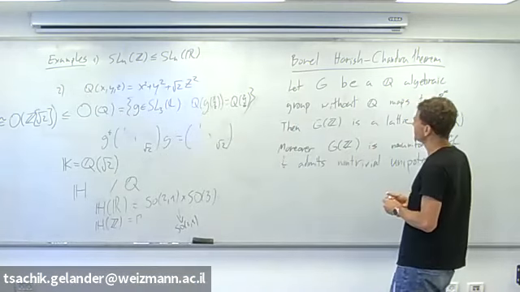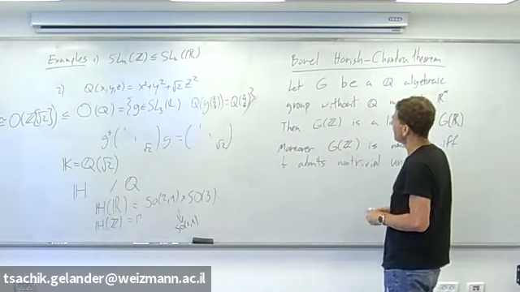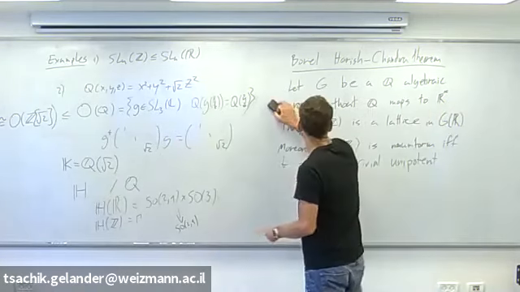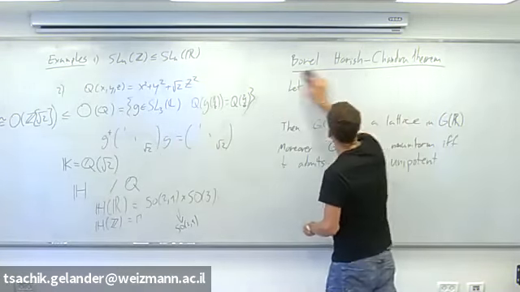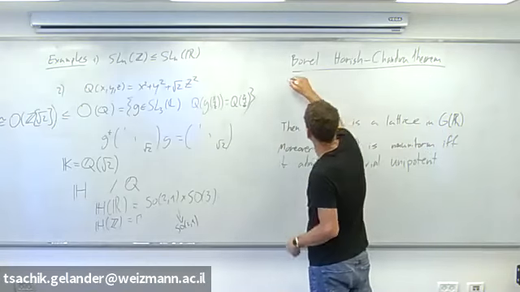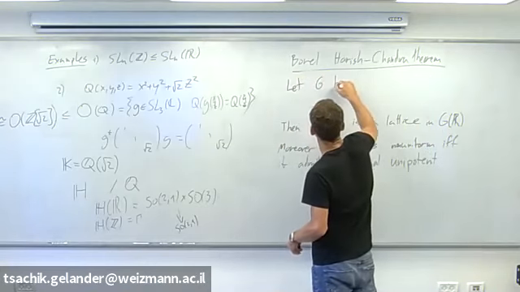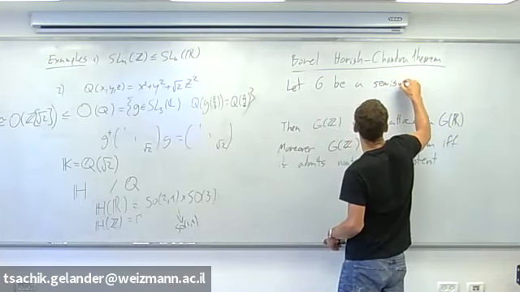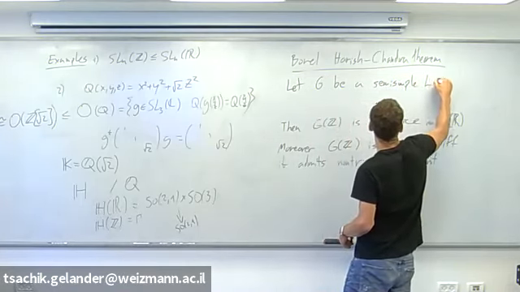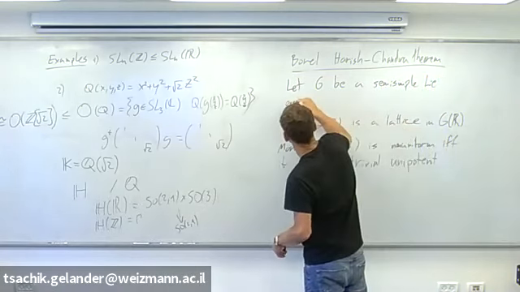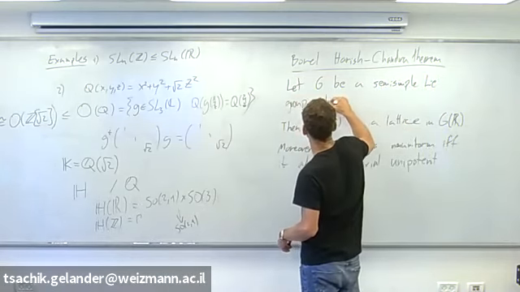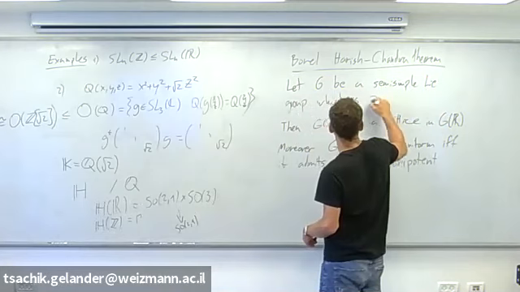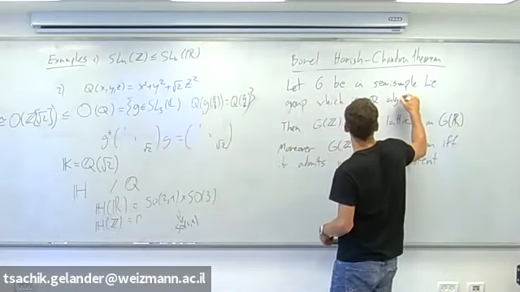So let me state it. Let G be a semi-simple Lie group which is Q-algebraic.